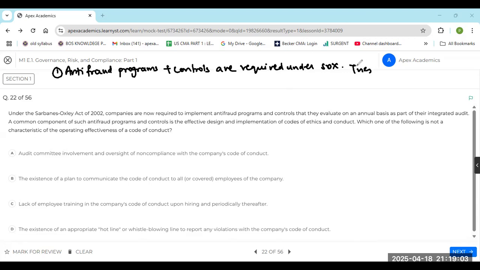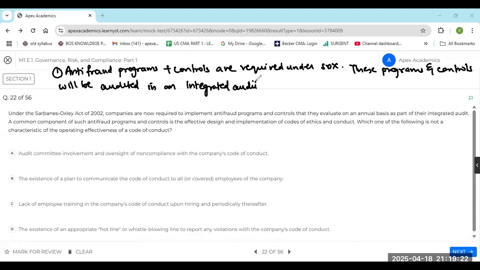These programs and controls will be audited in an integrated audit. They will be audited where? In an integrated audit. Are you with me on this? Yes or no? Please tell me that.